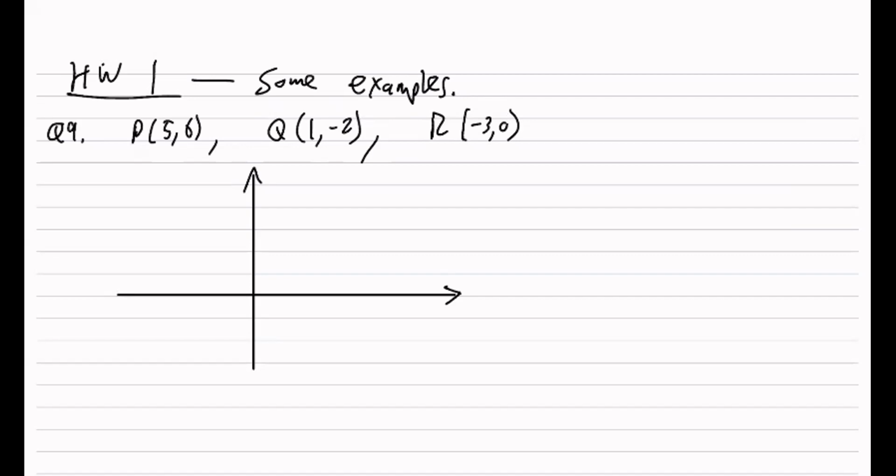I don't understand how some students do it without a picture. So here's how I will do it. 1, -2 somewhere approximately here. Just plot all the points. -3, 0, so maybe somewhere here. It's not totally accurate, but I'll make do with it.